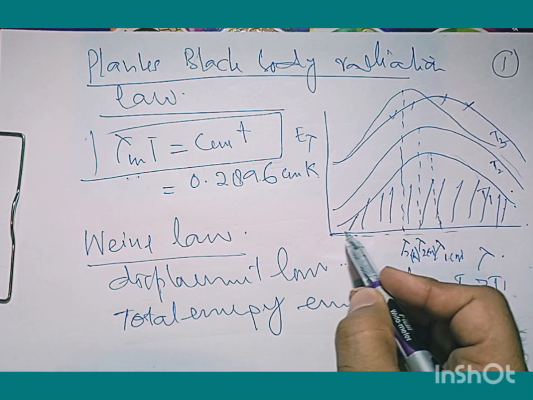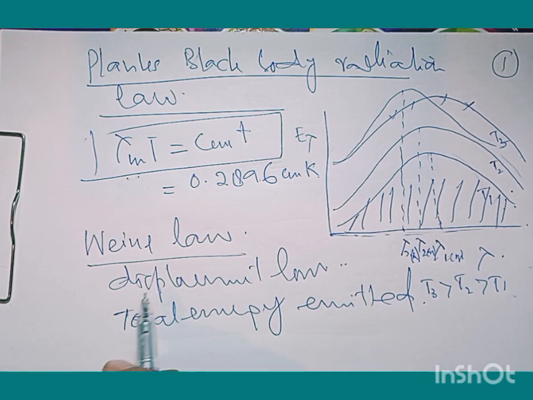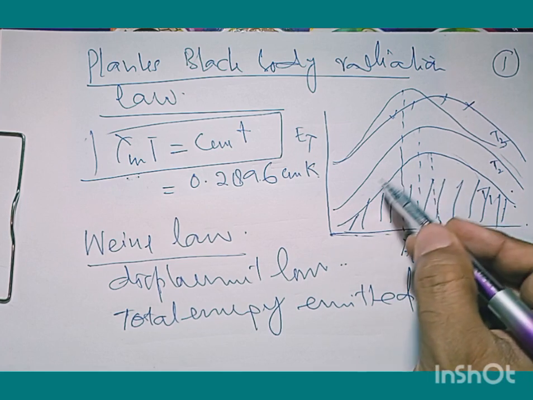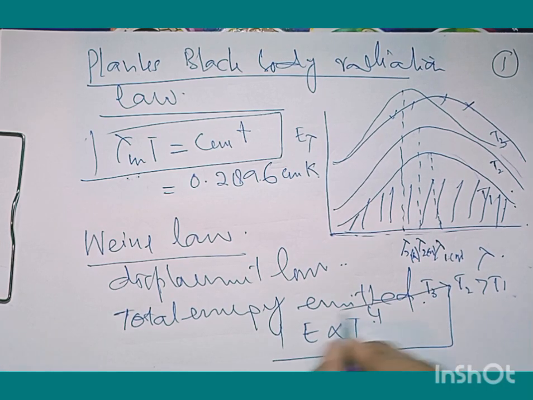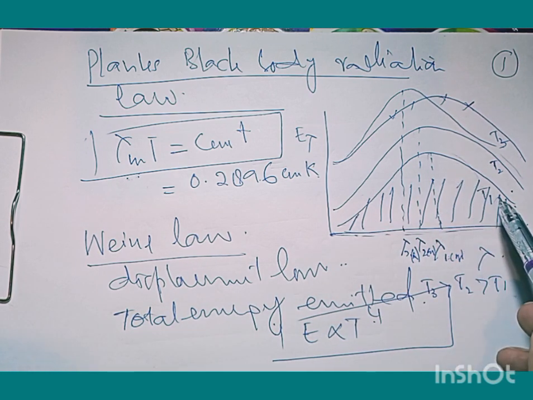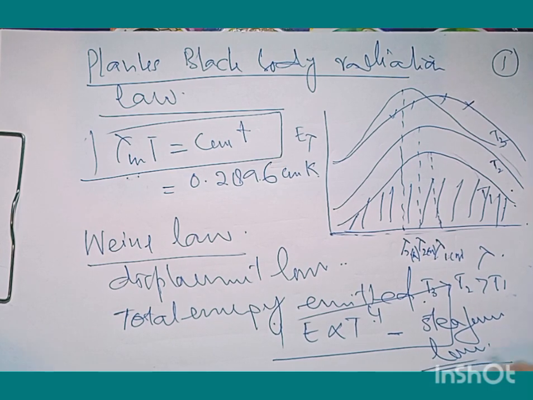Measure the area and you get the energy, and this energy is found to be directly proportional to the fourth power of temperature. So the area enclosed by the curve for a particular temperature is directly proportional to the fourth power of the temperature. This equation is Stefan's law.